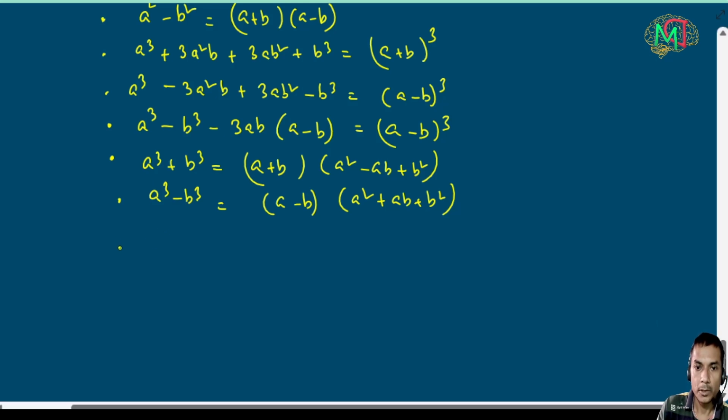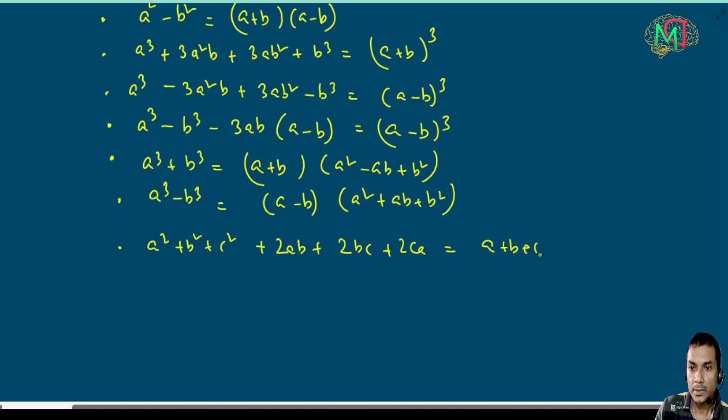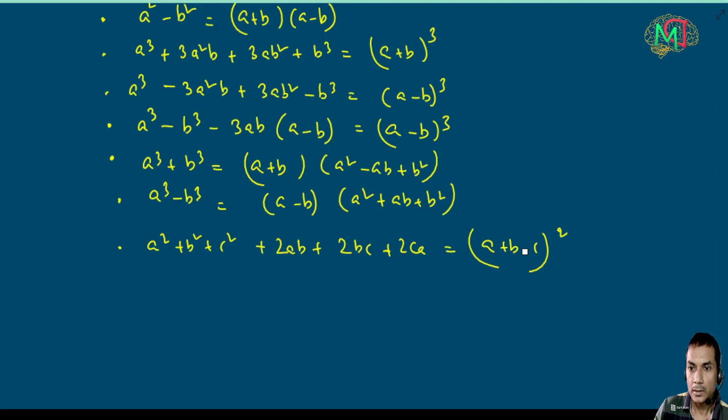If we get the polynomial as a square plus b square plus c square plus 2ab plus 2bc plus 2ca, then we can write it as a plus b plus c whole square. Here a plus b plus c has plus signs, whole square.